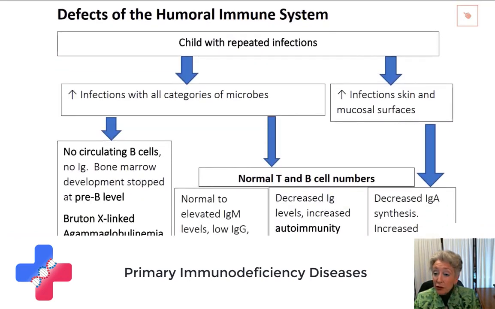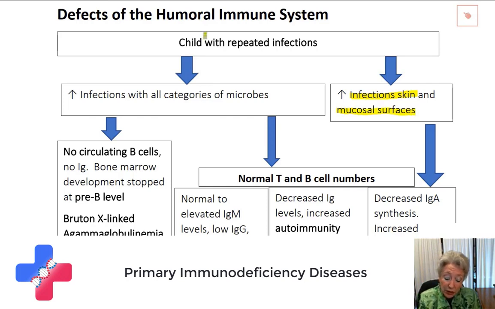When we have defects of the humoral system, I think it should stand to reason that the humoral system may have problems involving all categories of microbes, or if it's a specific deficiency that involves IgA in particular, I may have a predominance of infections of the skin and mucosal surfaces instead.